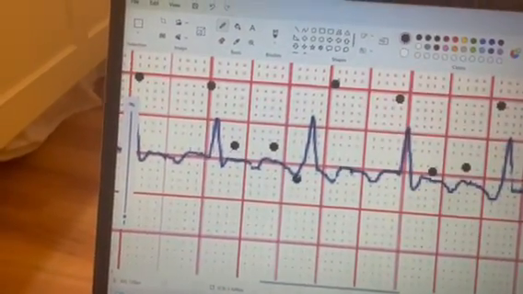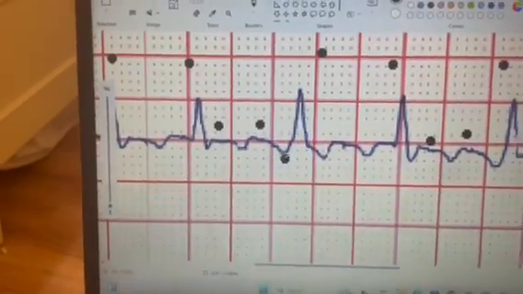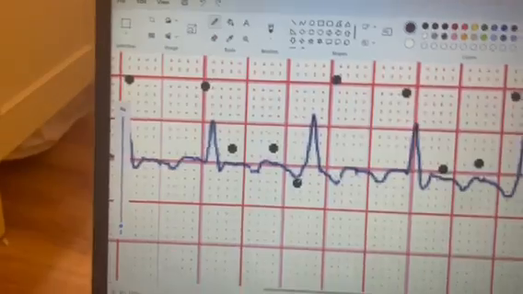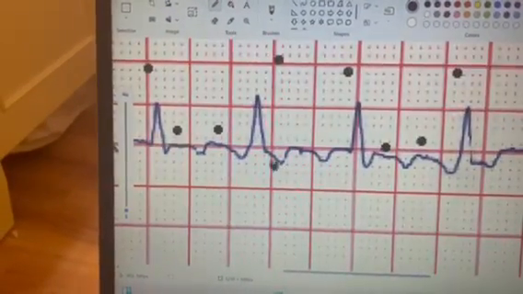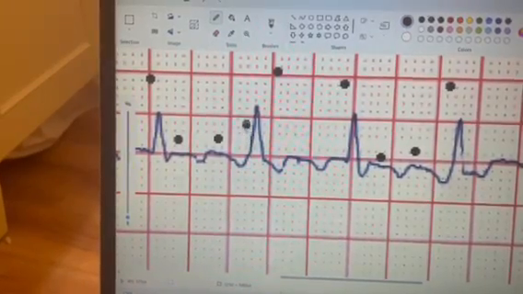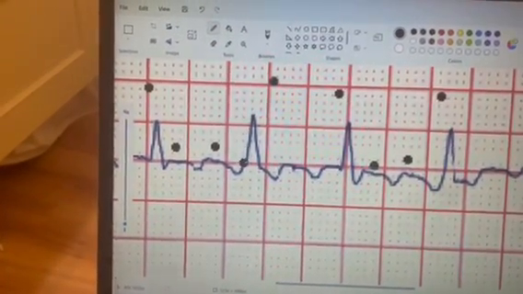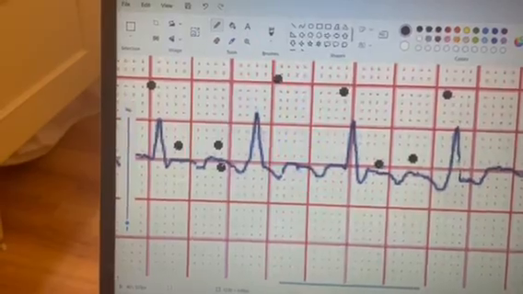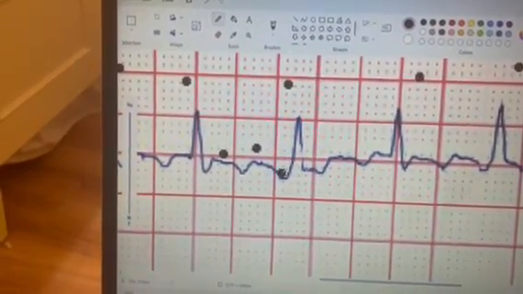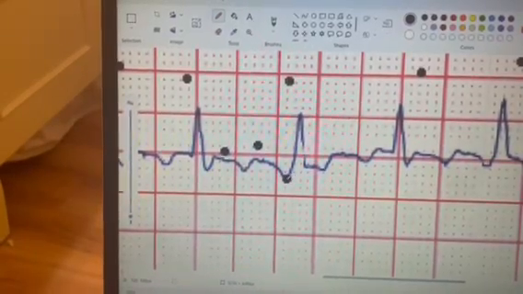Now we're going to do the PRI duration, which is pretty similar. It is just the P wave to the start of the R wave, so from here to here. I'm going to find a better one. Yeah, this is really good because it has that distinction, that flat line.